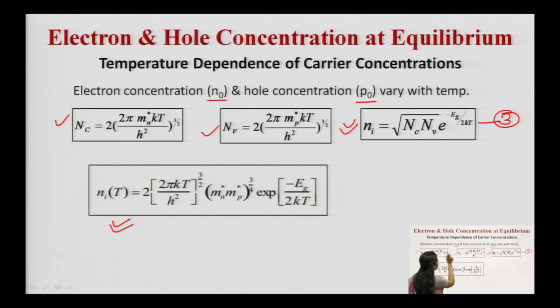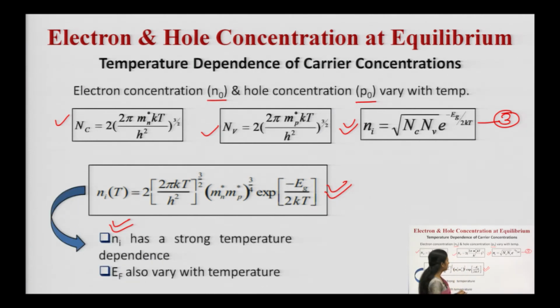Here Mn star, Mp star, its square root means now it would be 3 by 4, and the exponential of minus Eg upon 2kT. So, simply you have substituted the value of Nc and Nv into equation number 3.